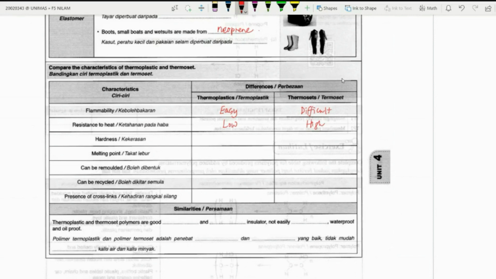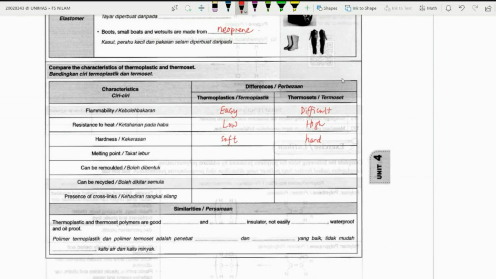Thermoset and thermoplastic, which one is harder, class? Thermoset is harder, yes. So thermoplastic is soft.